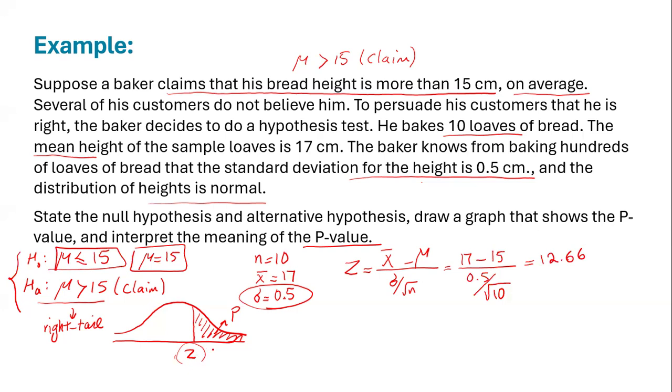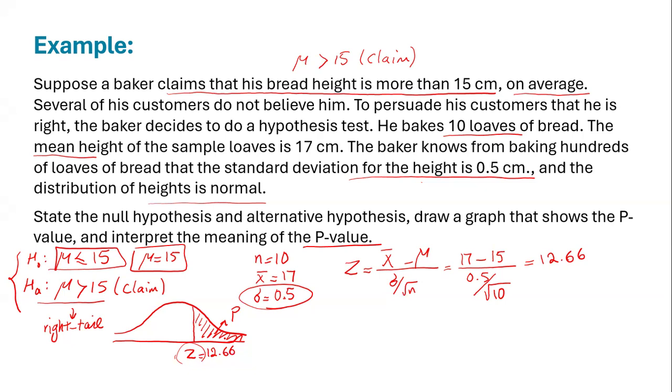If the z value is 12.66, the p-value is the area to the right. But don't forget that you have to look at the z-table and find the area, and all the numbers in the z-table are the area to the left. Whatever number you get from the table, you must subtract it from 1 to get the area to the right.